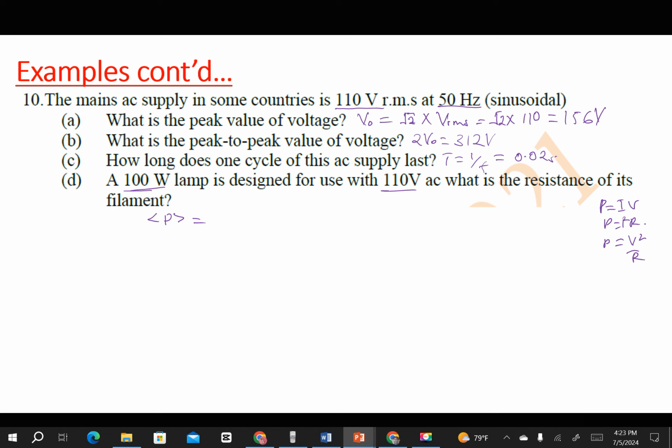Since I have the average power and the root mean square value of V, I'll use the last one.